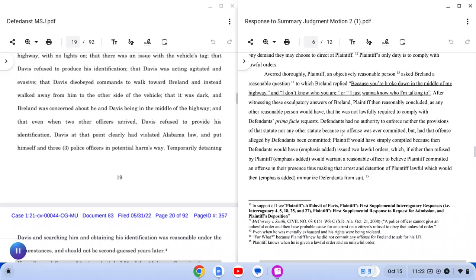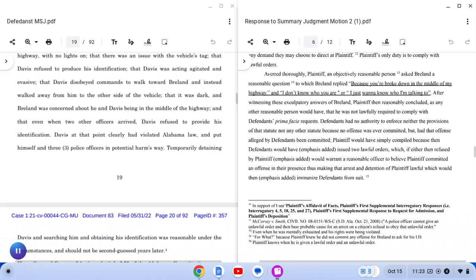But had that offense alleged by defendants been committed, plaintiff would have simply complied because then defendants would have, emphasis added, issued two lawful orders which, if either then refused by plaintiff, emphasis added, would warrant a reasonable officer to believe plaintiff committed an offense in their presence, thus making that arrest and detention of plaintiff lawful, which would then immunize defendants from suit.